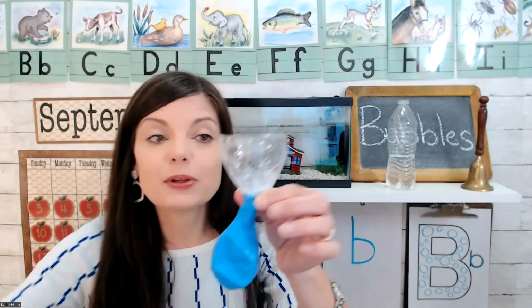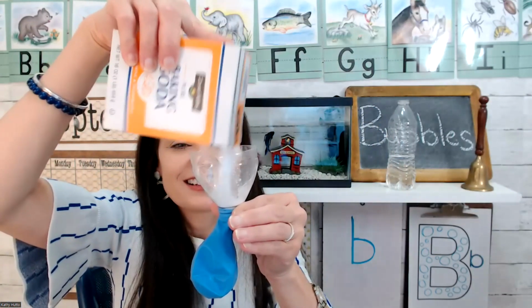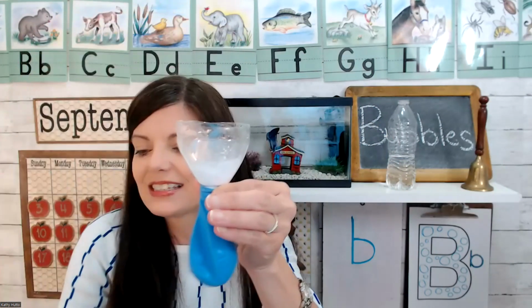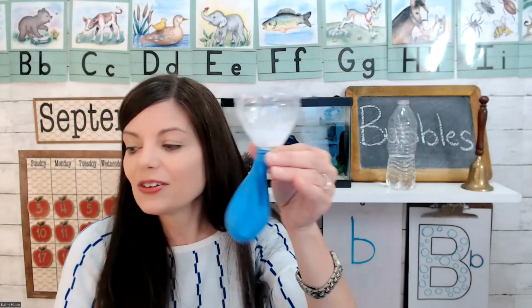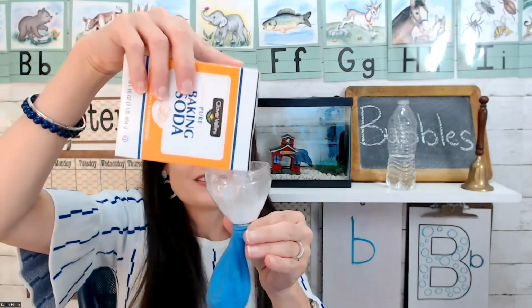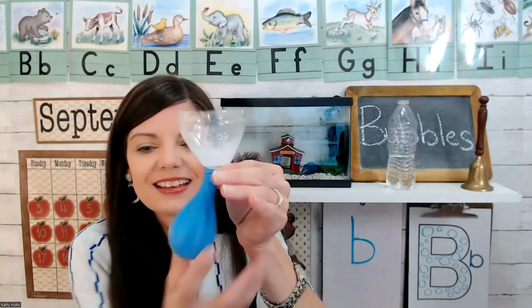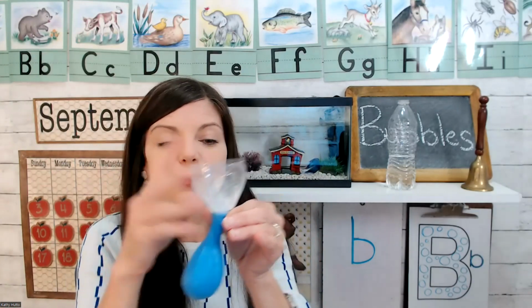So inside this balloon, I can put some baking soda. Okay, let me see if I can feel it. Yes, I can feel it. The baking soda goes right in there. Let me put a little more. Okay, the baking soda went down into the balloon.